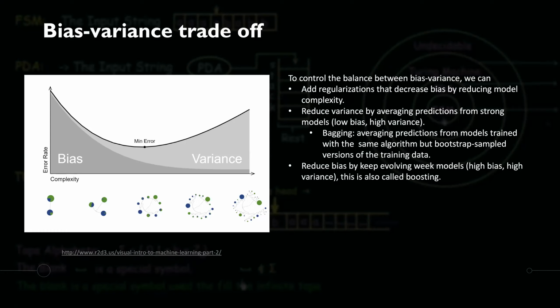In this way, we can keep the variance low, but every time we keep training again and again, so every time it tries to make improvements on top of the previous models. This is another way, which we typically call boosting.